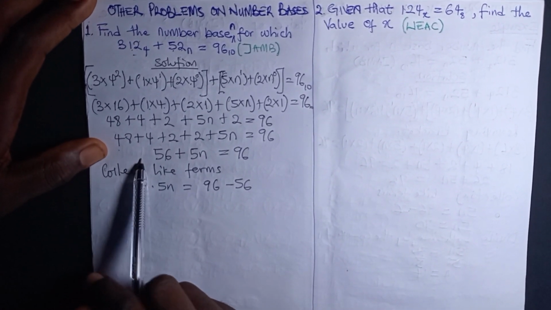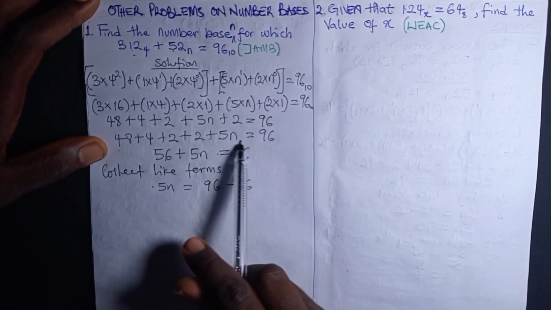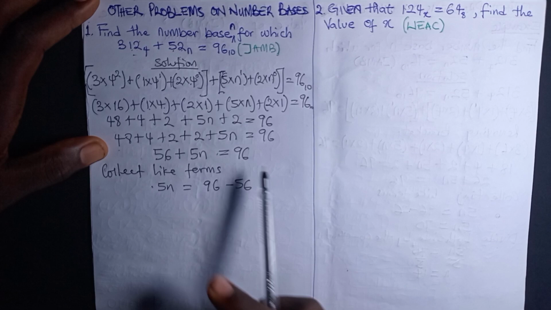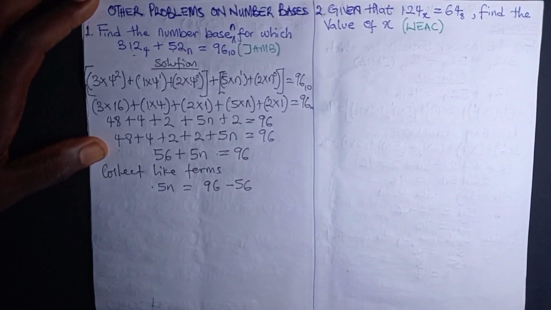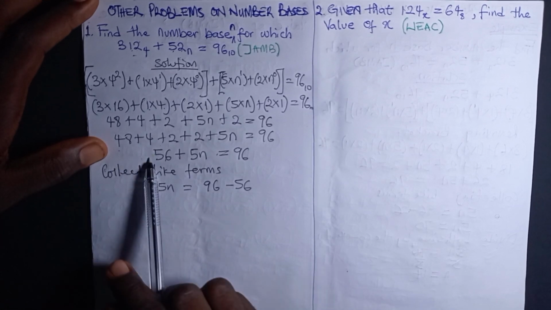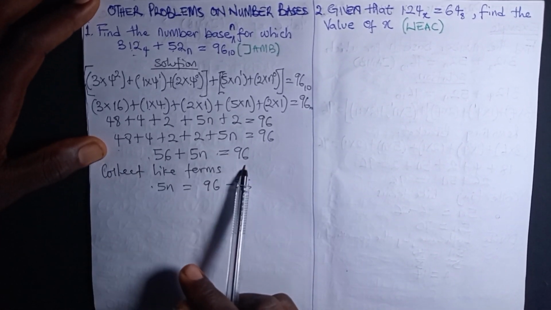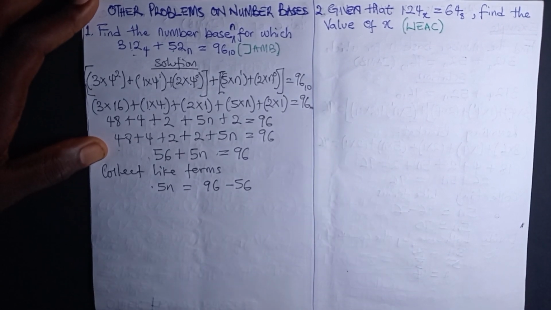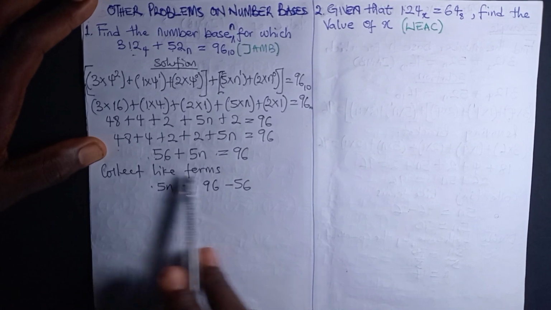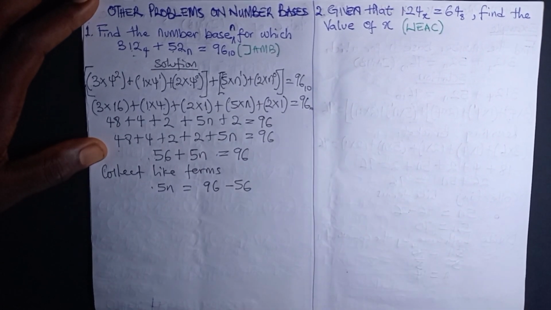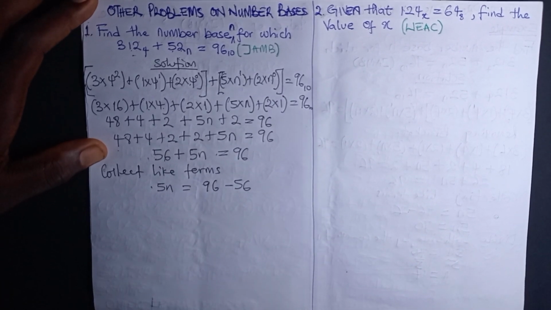Whenever a number having a positive sign crosses the equality sign and moves to the other side of the equation, the number automatically changes sign. If it's a positive number, it changes sign to negative, and if it's a negative number crossing the equality sign, it turns to positive. So 56 is a positive number, crosses the equality sign as we collect like terms, comes to the other side of the equation, changing sign to negative.